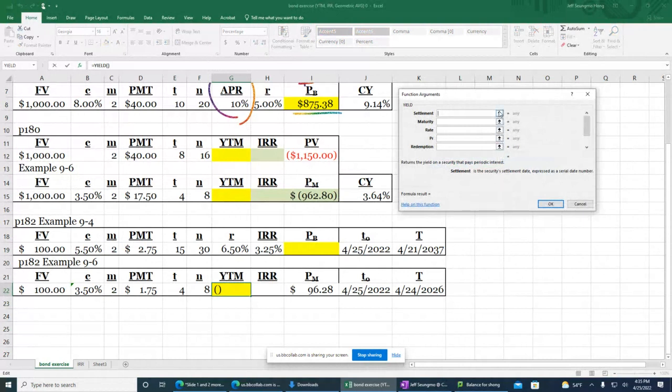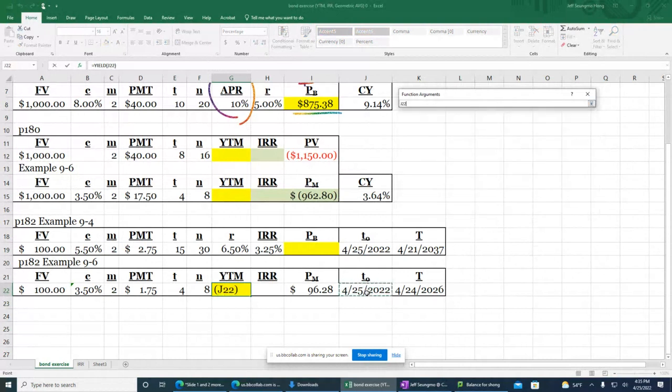Click OK. Settlement. Settlement means today. What that means is, if you buy this bond today, you have to settle the account. In other words, you have to make the payment, right? That's what it means. Today's day is the settlement.